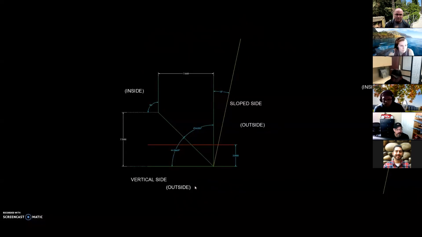In other words, this line is also the same as the one in the bottom footprint. The last line that we have placed here is the red line. We can see this red line is parallel to the horizon, and the distance between them is 3 inches as seen in this dimension.